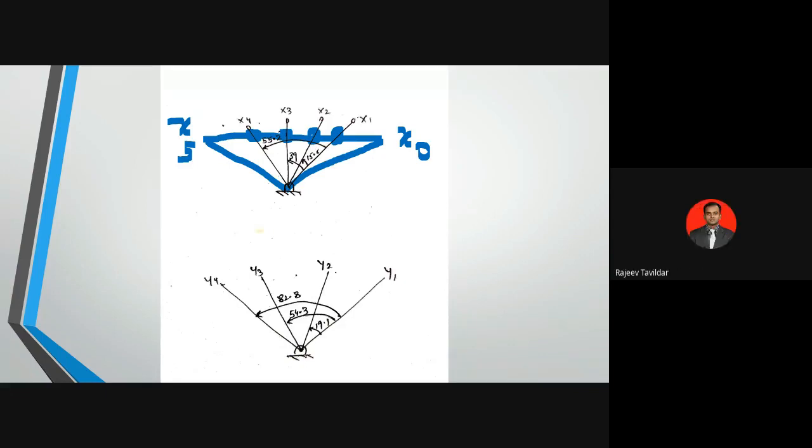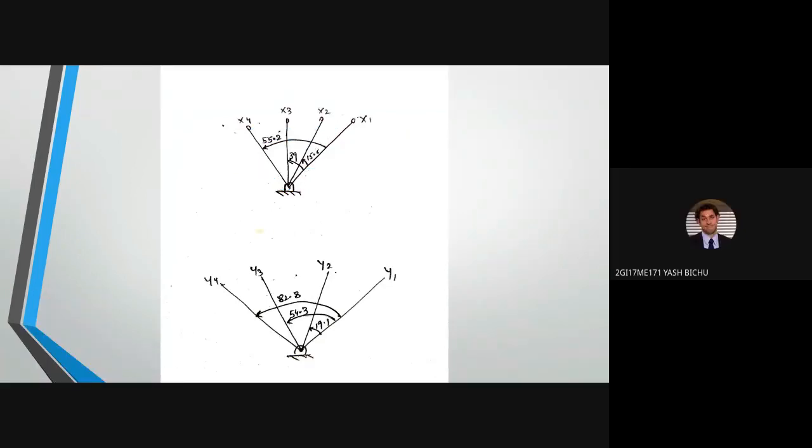I have drawn this. Your diagram should be only this much. Okay, so this completes the problem. Please let me know if you have any questions, any doubts, if you have not understood anything.